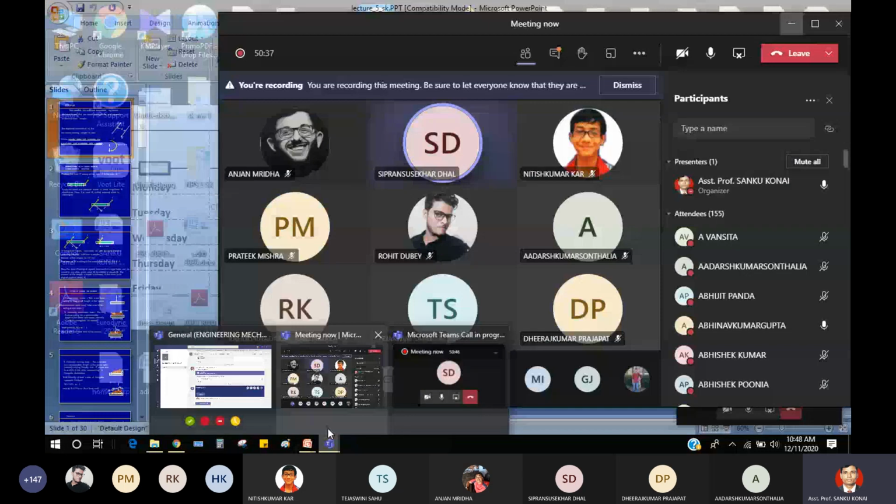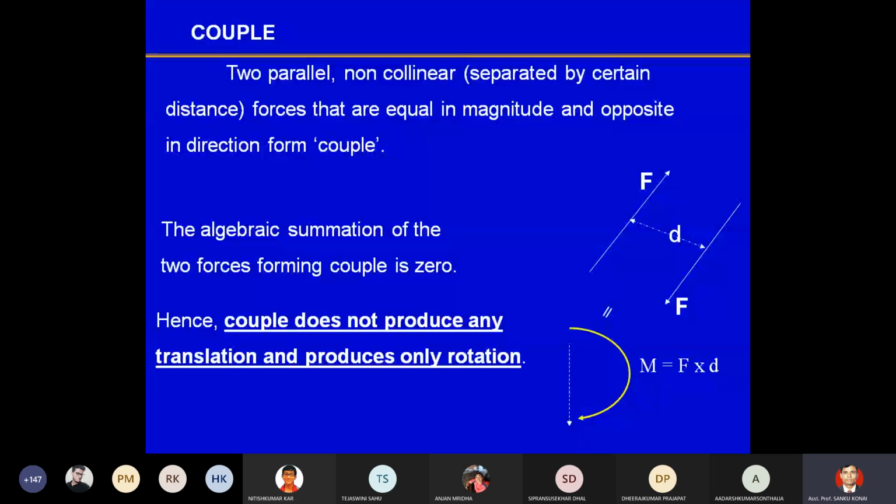We'll now discuss this term called couple. Two parallel, non-collinear forces. Parallel means they will never meet. Non-collinear means they are not in a single line. They are separated by a certain distance.